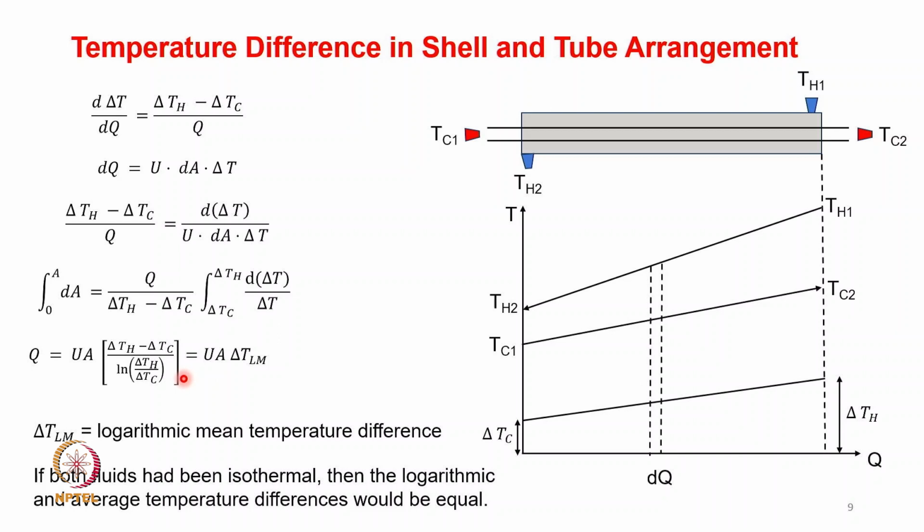If you are using this kind of arrangement, the overall heat transfer is a function of U, of course, which is the heat transfer coefficient, A, and not just a delta T, but what we get as the logarithmic mean of the temperature, which is the ratio of the difference between delta Th and delta Tc, and ln of delta Th divided by delta Tc.